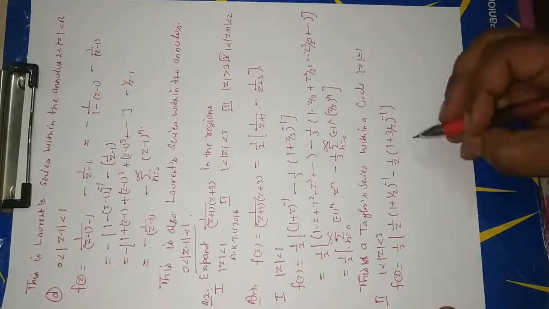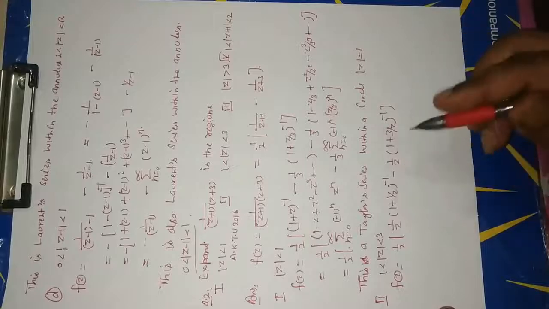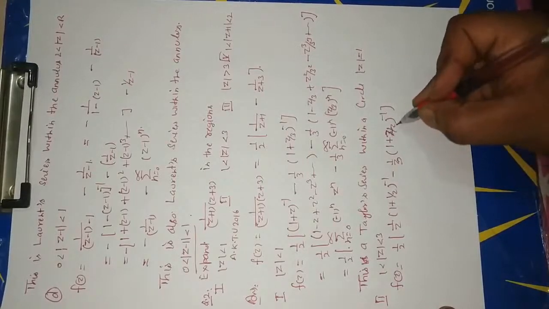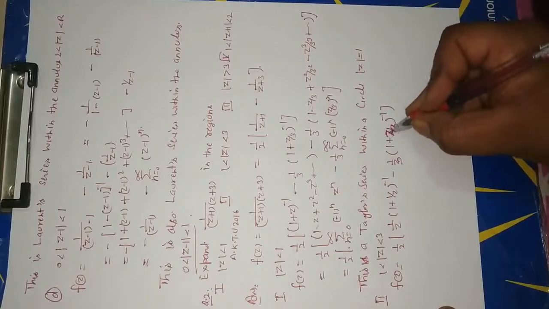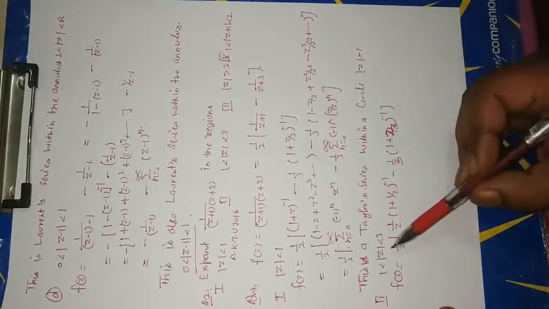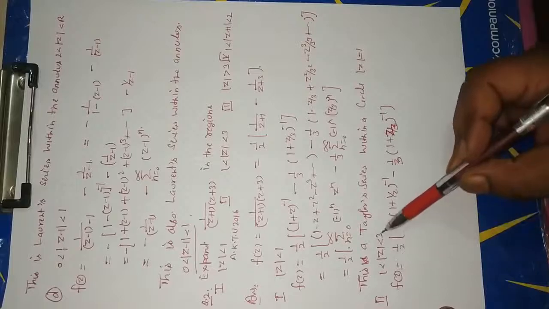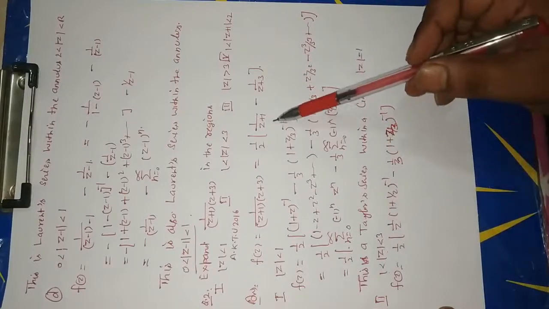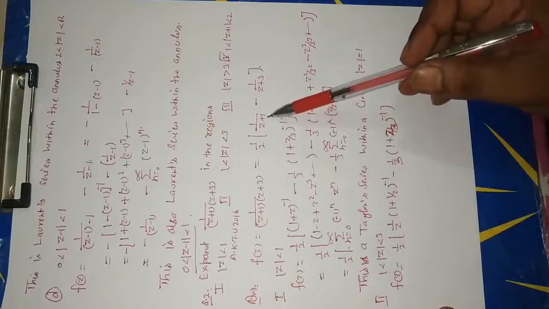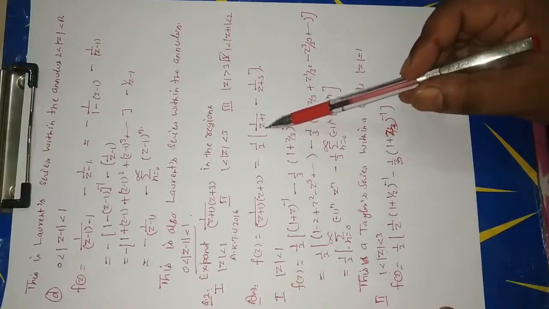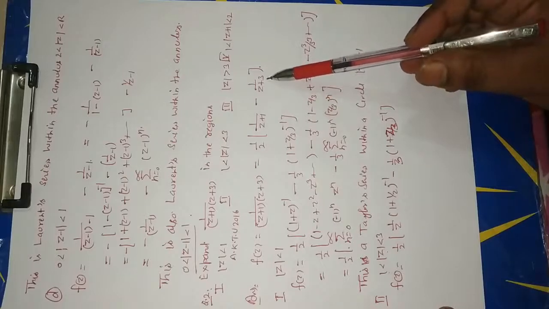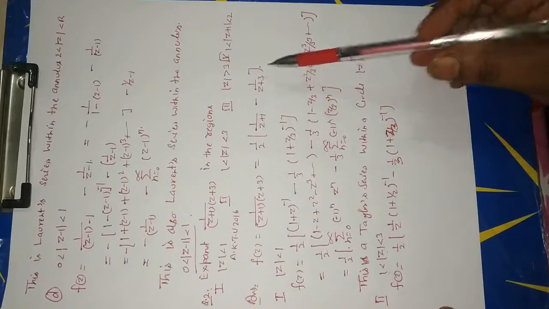Sorry, this is the 3 common: 3 common, z upon 3. Since |z| is greater than 1 but 3 is greater than |z|, firstly we take z common, and in the second part 3 is greater than |z|, therefore we take 3 common.